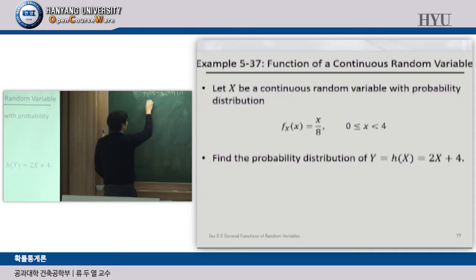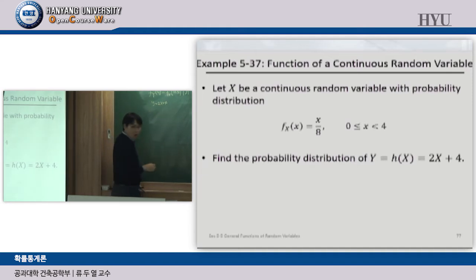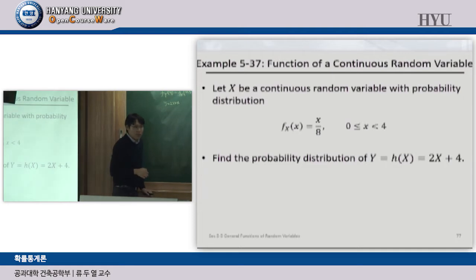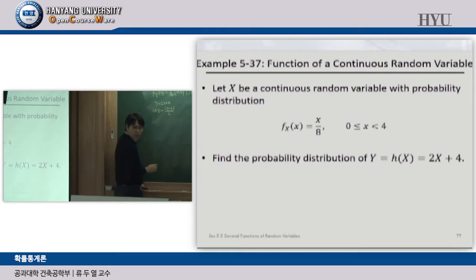And in this case, y is equal to 2x plus 4. So, u(y) is equal to (y minus 4) over 2. And that is equal to x.